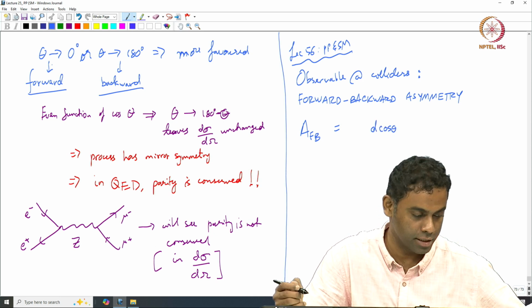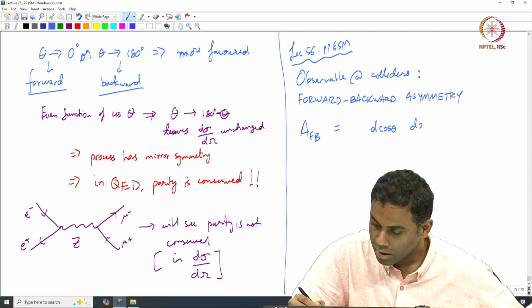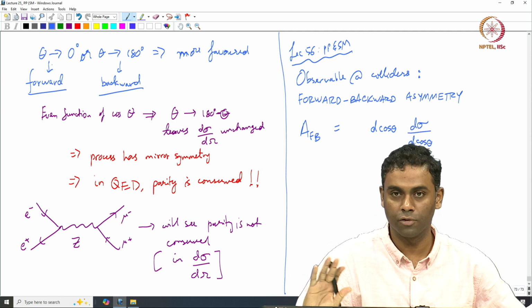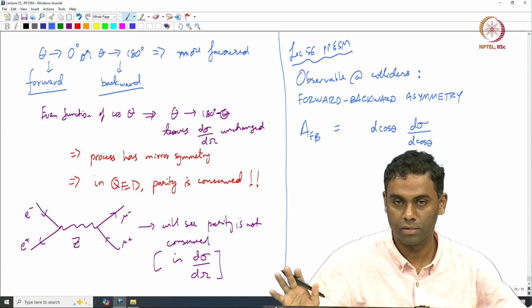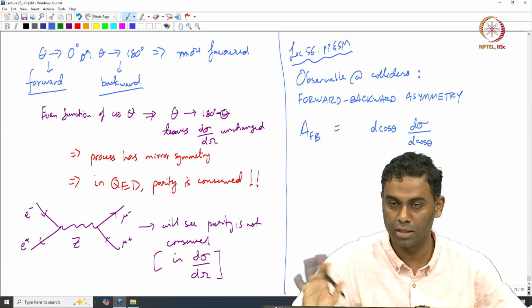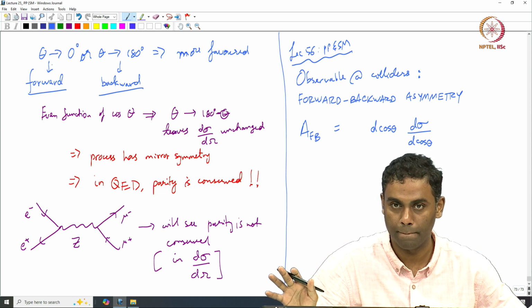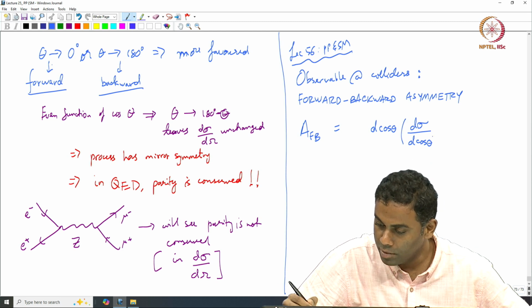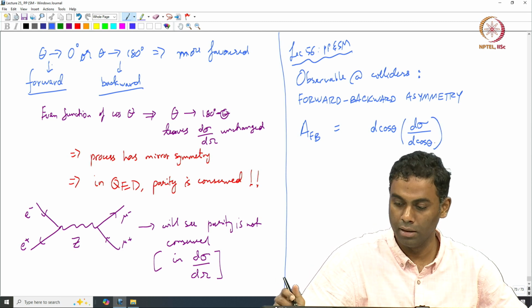I am going to integrate the differential cross section with respect to cos theta, assuming there is a phi symmetry. The azimuthal symmetry is there, so that just integrates to 2 pi. So I am left with d sigma d cos theta still.